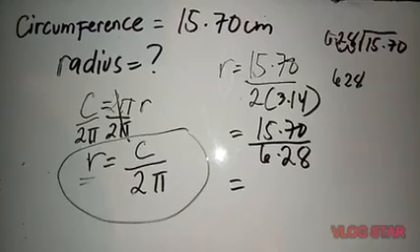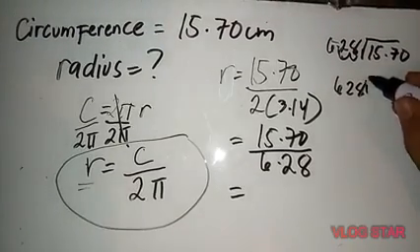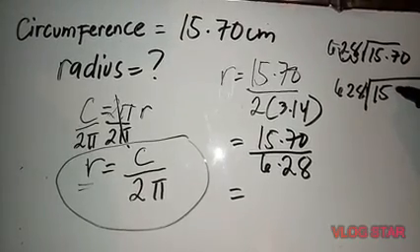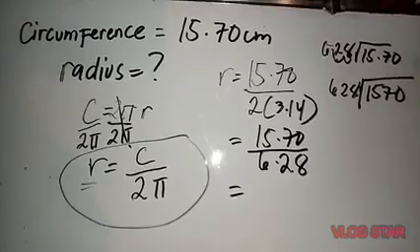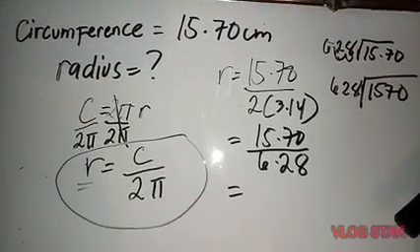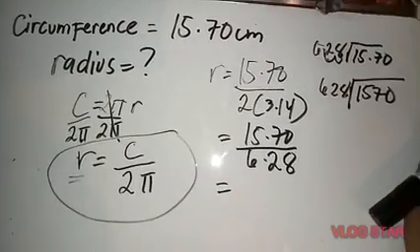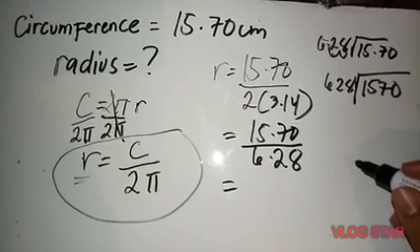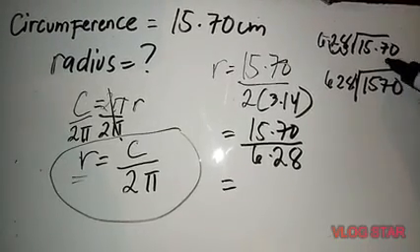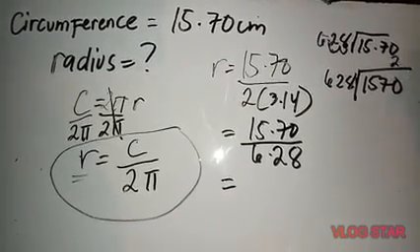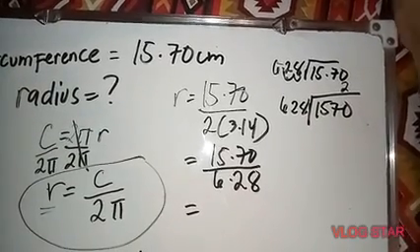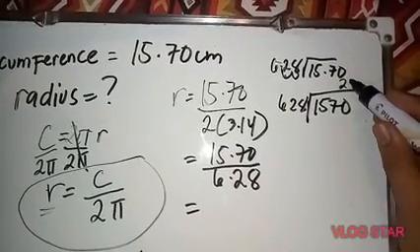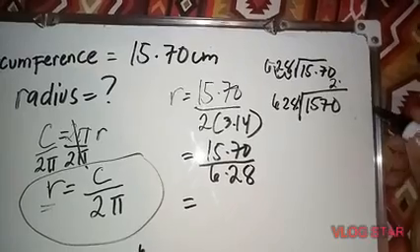As you move 2 decimal places in 6.28, you should also move 2 decimal places in 15.70, making it 1,570. So 1,570 divided by 628 is 2. 2 times 628 is 1,256.